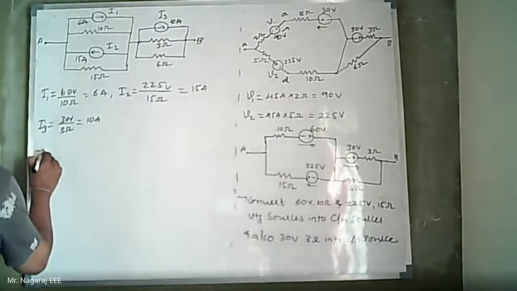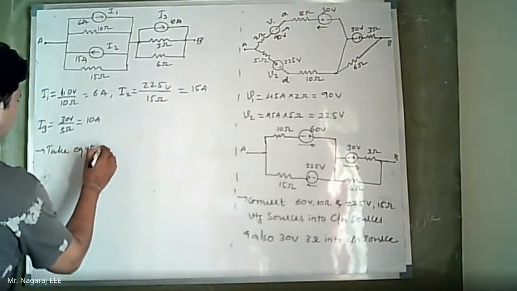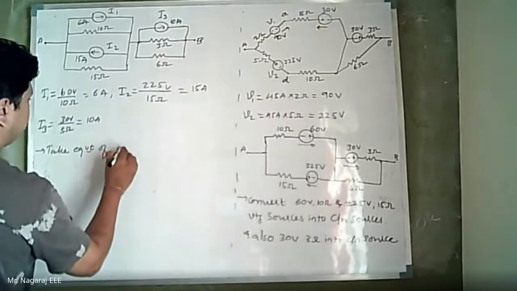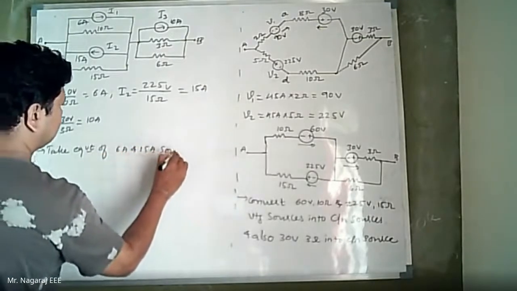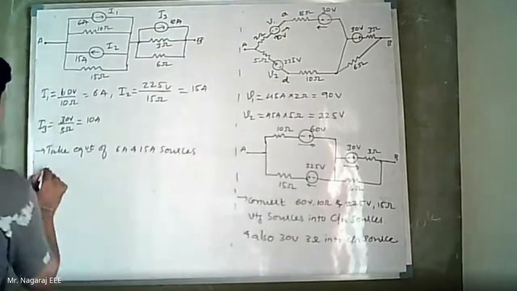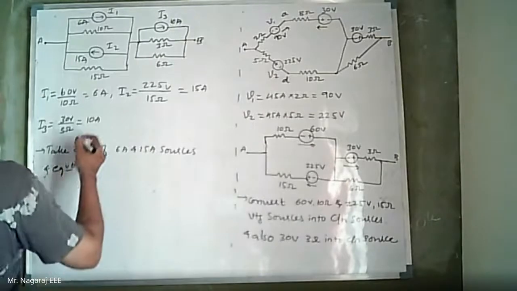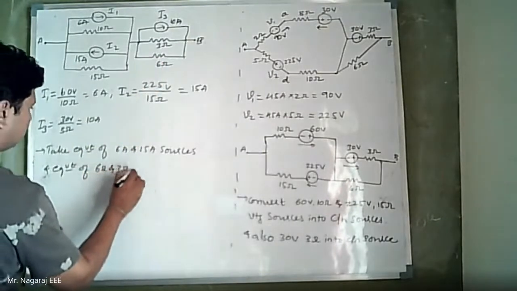Here next take equivalent of 6 ampere and 15 ampere sources and equivalent of 3 ohm and 6 ohm resistors.